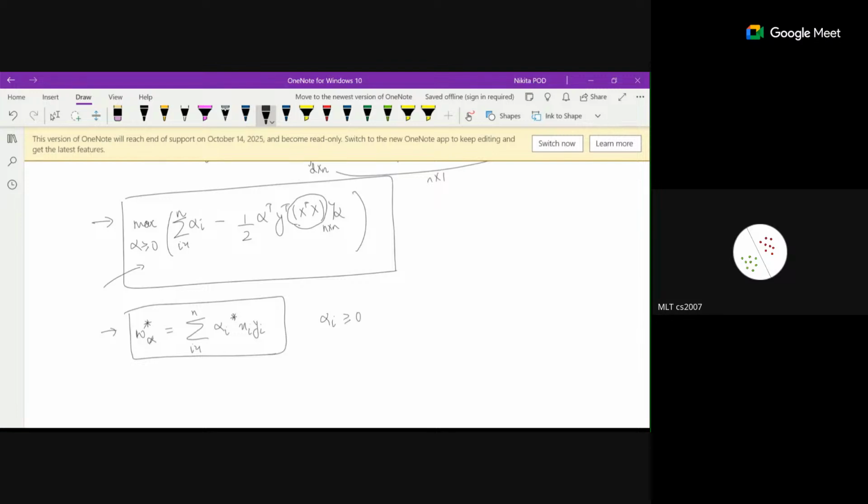So we can see that only the data points for which alpha I is greater than 0 contribute towards the optimal W star. So how important a data point is is determined by this alpha I star. Pardon, once again ma'am, what did you say?